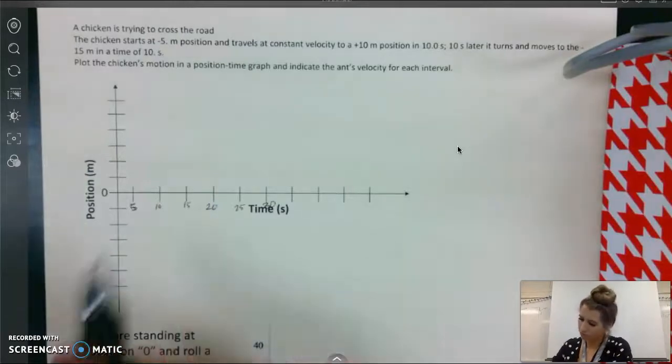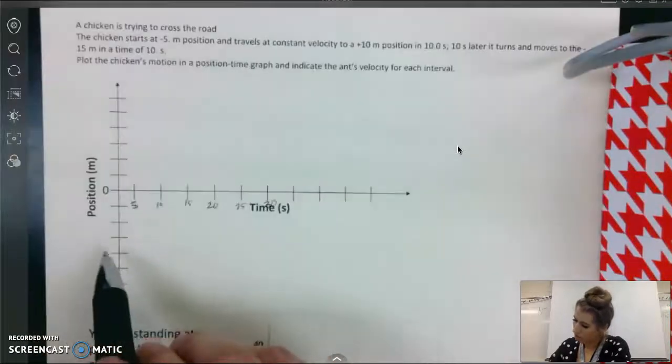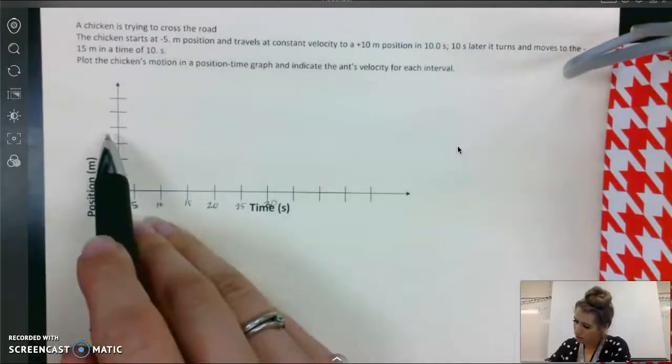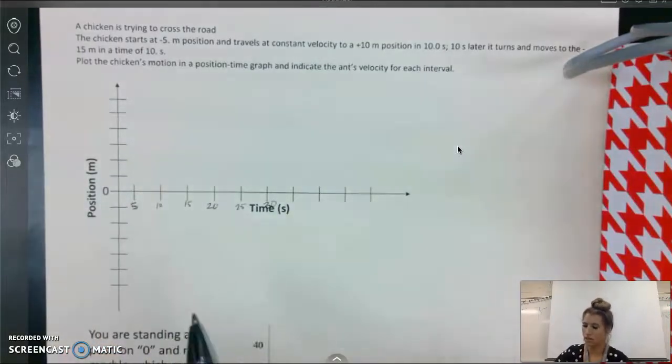Now we have negative 5 position, and then positive 10, and then it moves to the 15-meter mark in a time of 10 seconds.